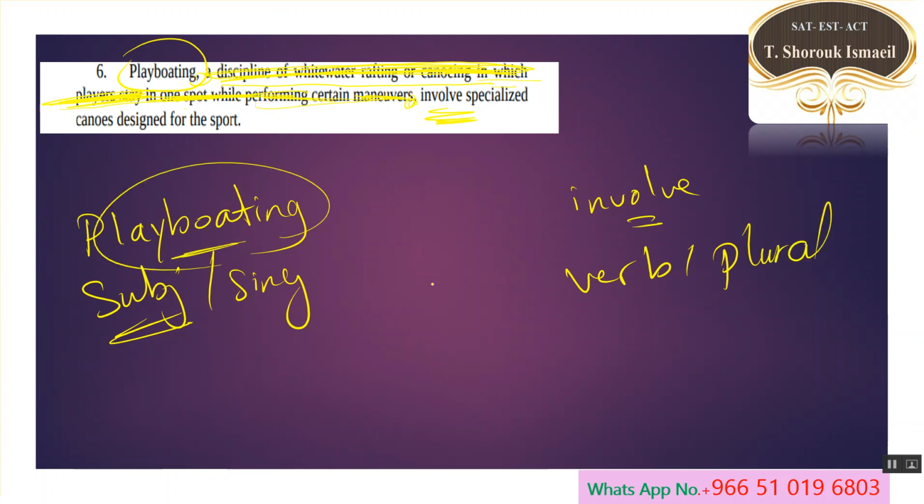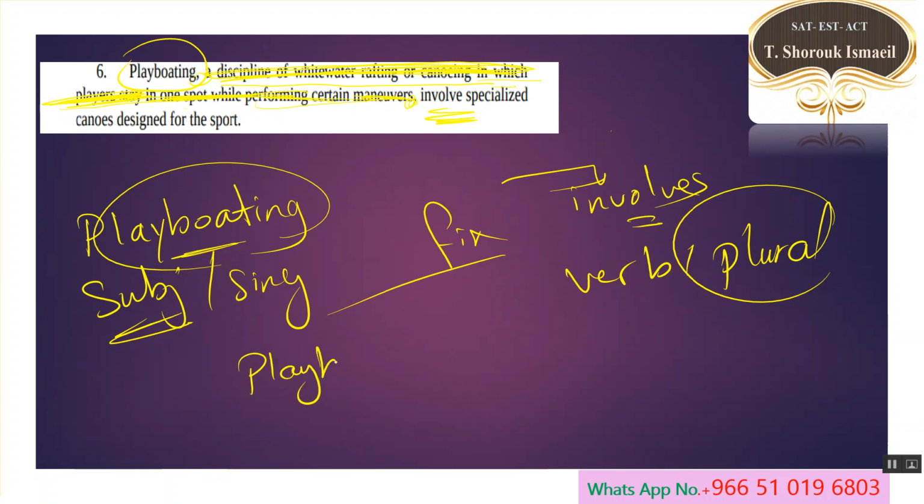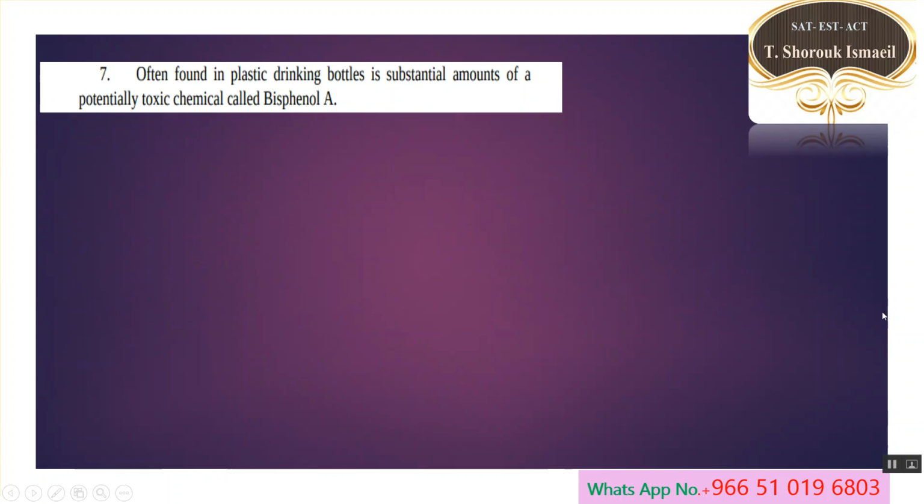The subject is singular and the verb is plural, so I need to fix it. How can I fix my verb to make it singular? I add S. So here the sentence will be like play boating involves. This is the correction.